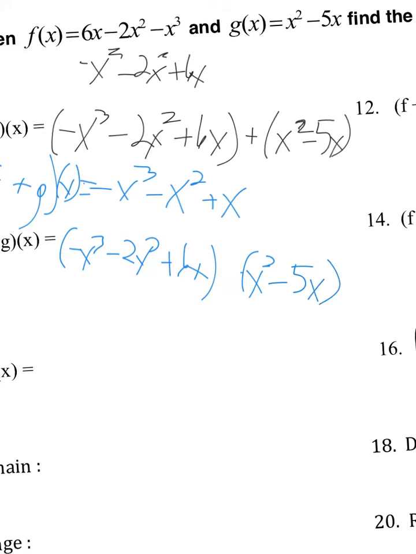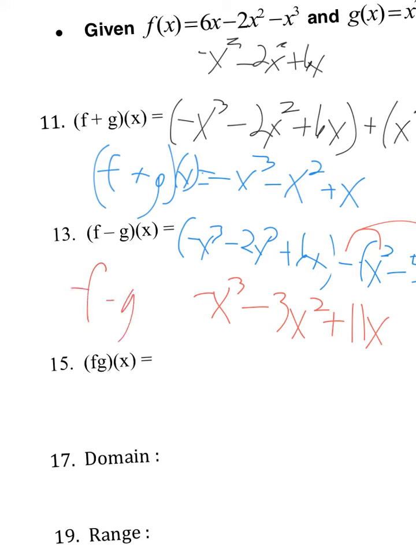We're clearly subtracting, so my bad there. So don't forget to distribute that negative. So I have negative x to the third, and then I have negative 2x squared minus x squared, so that becomes negative 3x squared. And then I have 6x minus a negative 5x, so that becomes plus. So 6 plus 5 is 11. So there's my f minus g function.